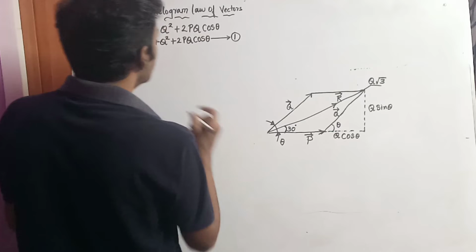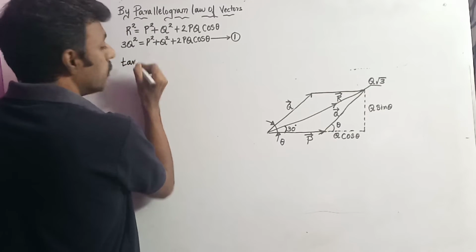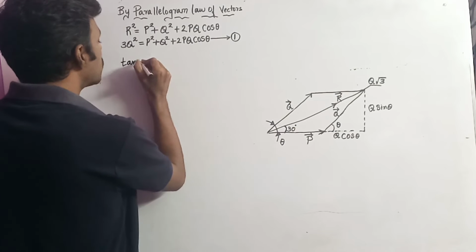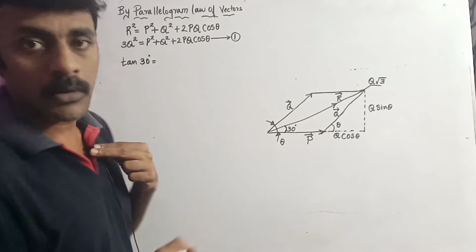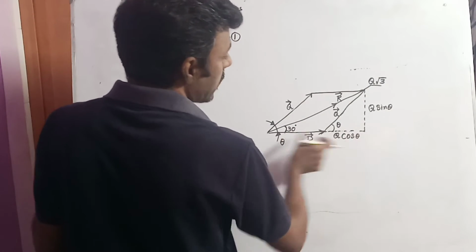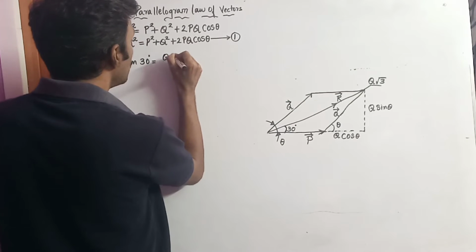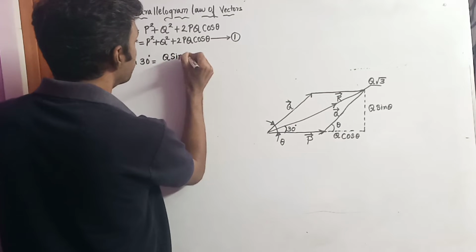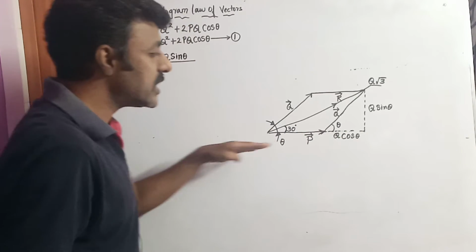So if I consider tan 30 degrees, because the angle is 30 degrees, tan 30 degrees will be opposite side by adjacent side. So opposite side is q into sine theta, divided by the adjacent side. What is the adjacent side?